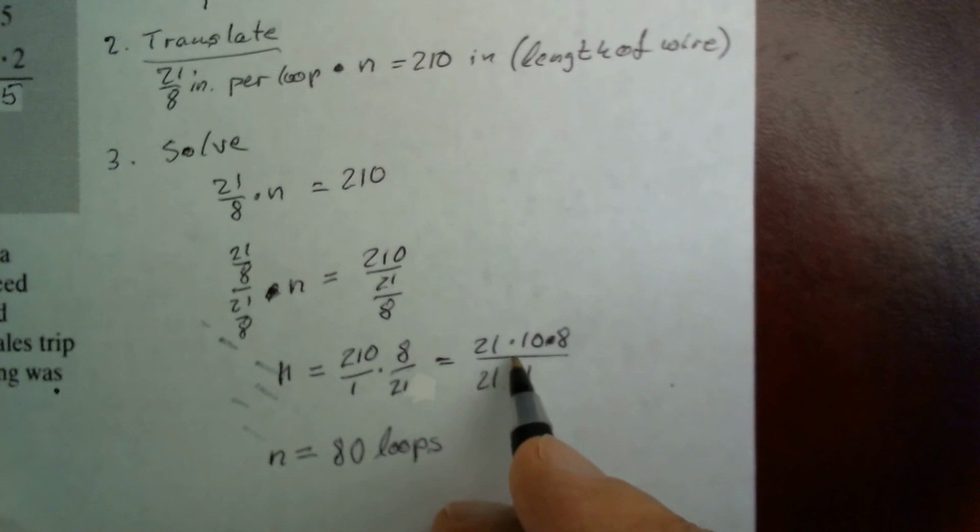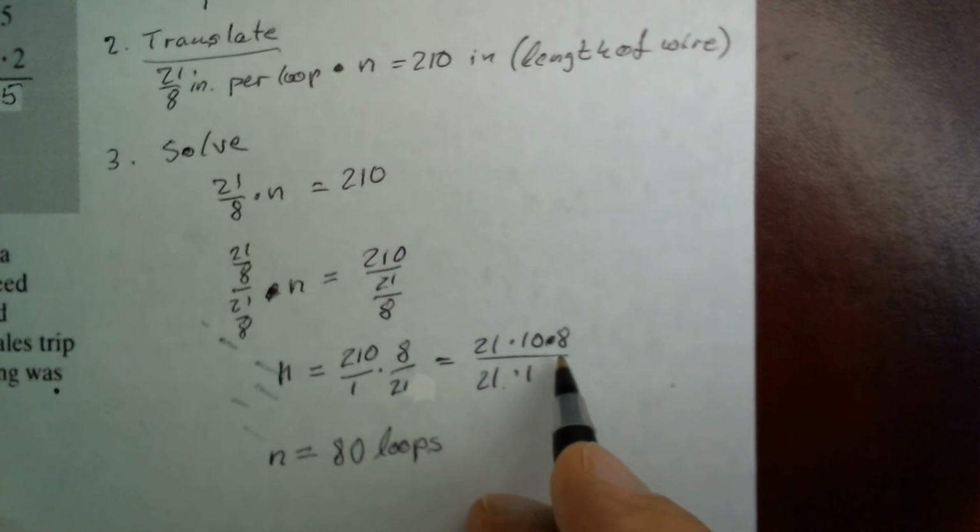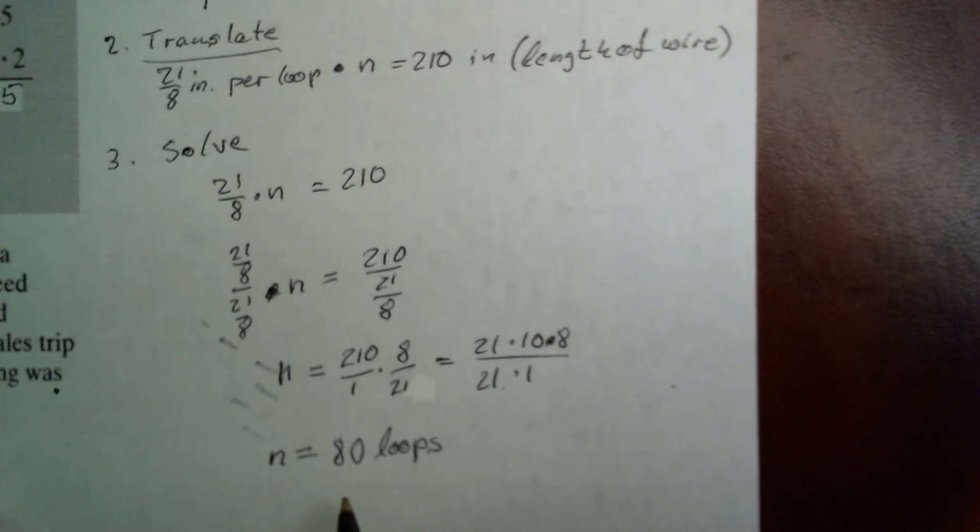Remember, 21 divided by 21 is equal to 1, and multiplying by 1 gives us the same number. And a number divided by 1 is that number itself. So 10 times 8 is 80 loops.